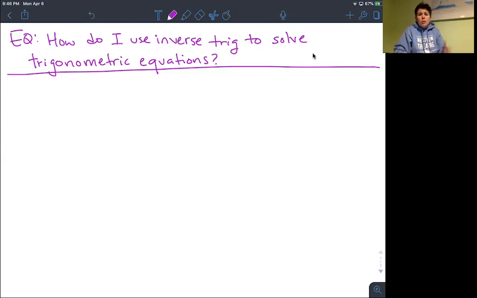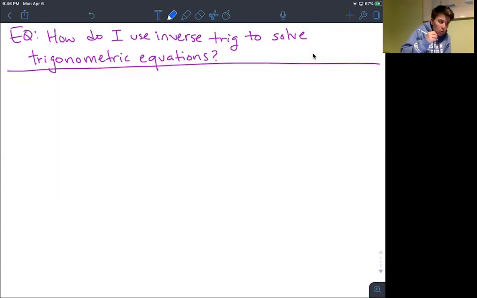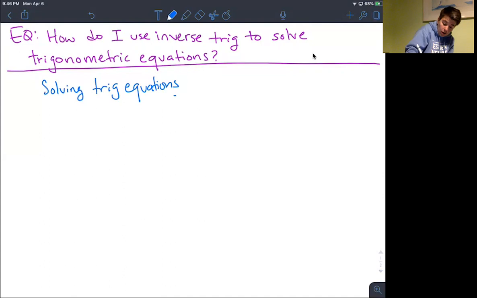Okay, so our central question is, how do I use inverse trig to solve trigonometric equations? Such a good question. So let's start with the directions. When you are solving trig equations, what do you need to do? There are literally two steps.